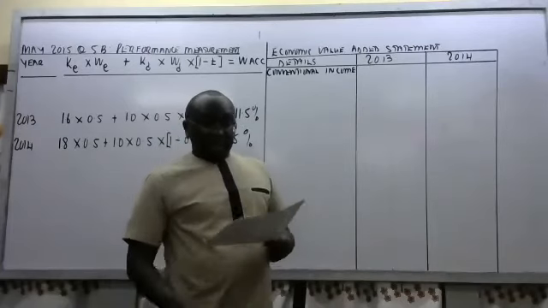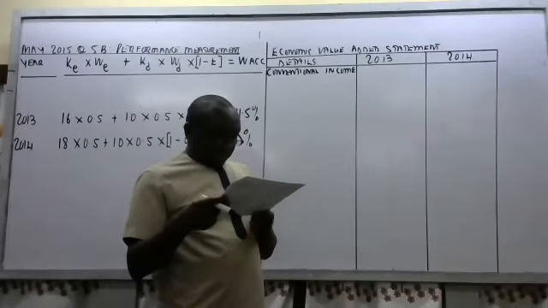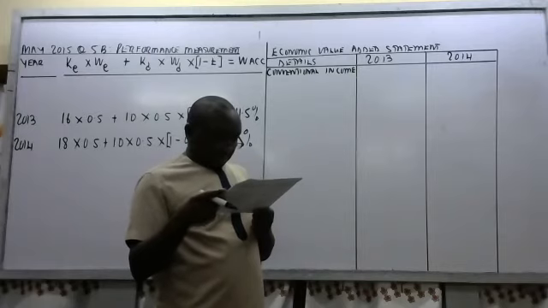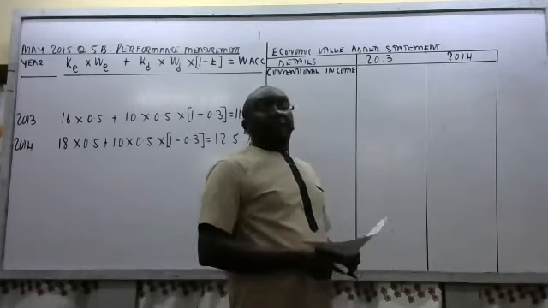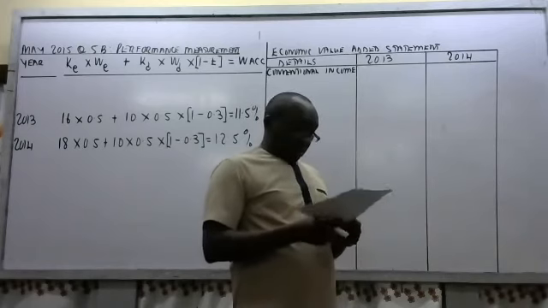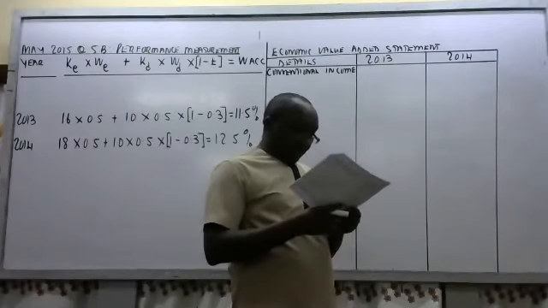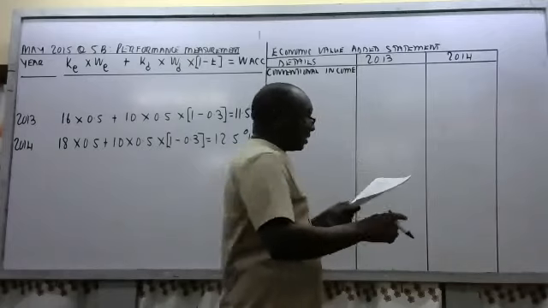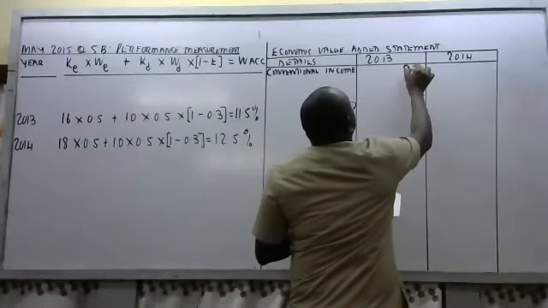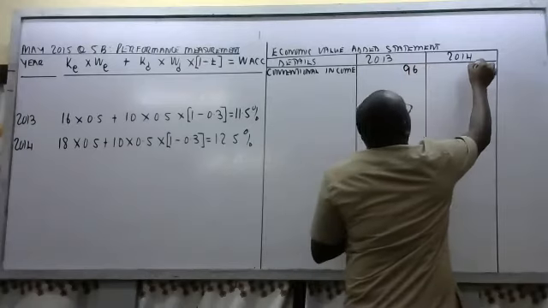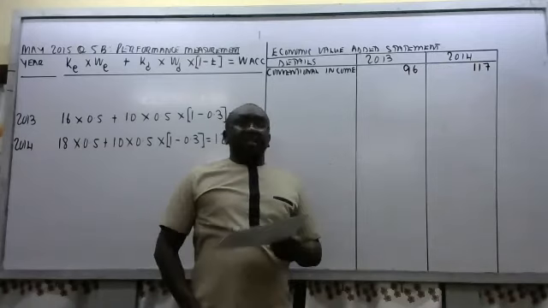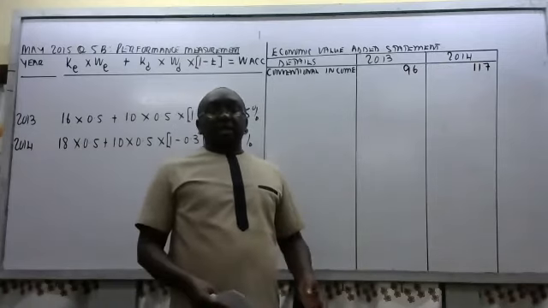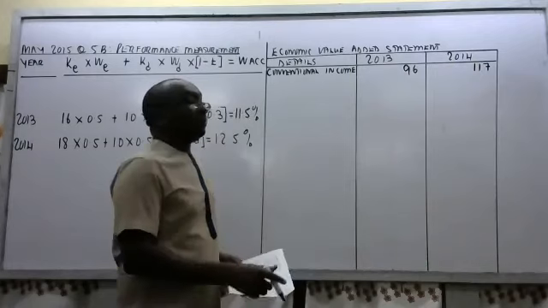Conventional income is the income that is in the income statement. And I told you you can start with any. For my purposes, I want to start with profit before tax, so that I have 96 here and I have 117. But you could start even with retained earnings. You could start with any, then you work appropriately.